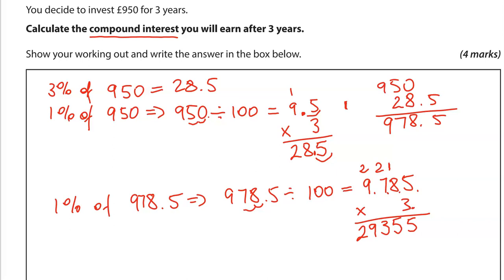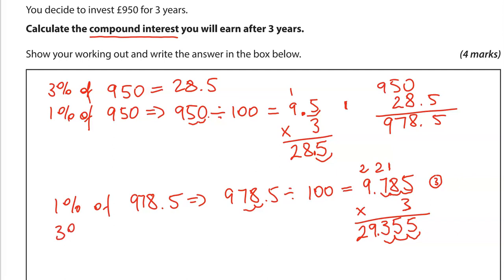I'll remove the dots that I added to refer to numbers as I was explaining the calculation. So now, how many decimal places do we have on the first number, 9.785? That is 3 decimal places. 3 underneath is a whole number, so it doesn't have any decimal places. So in total, the answer will have 3 decimal places. So going backwards, 1, 2, 3: 29.355.